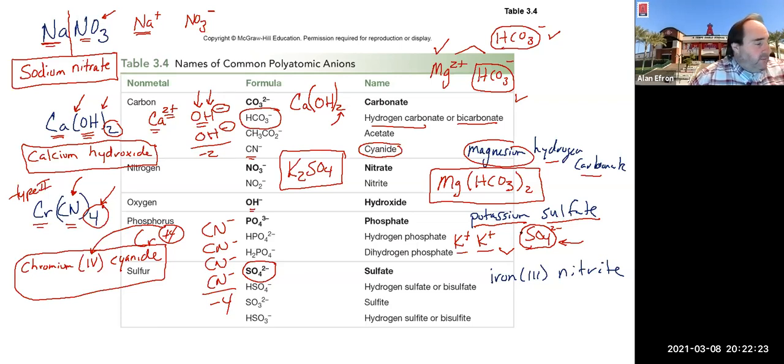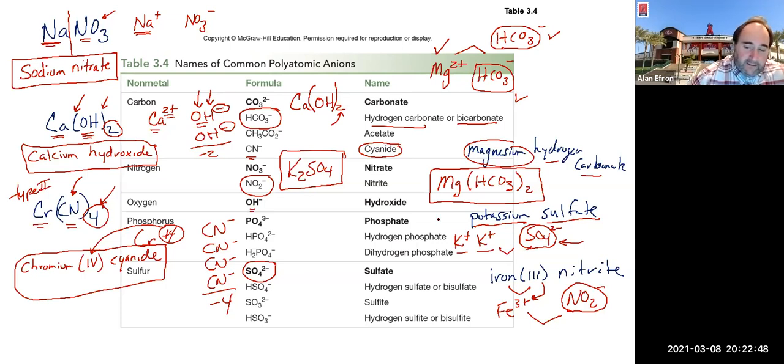Looking at our last one here, iron Roman numeral 3 means we have an iron with a +3 charge. That's what the Roman numeral means. Nitrite, ITE, is this guy right here. And that is NO2 minus. So same idea here. We're putting a +3 and a -1 together.